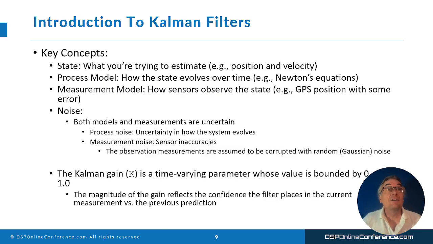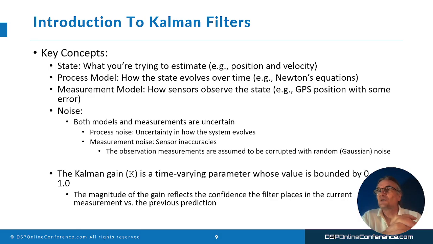So let's go and have a look. Before we do that in detail, let's think about some key concepts. The first key concept is the state. What are we trying to estimate? Position, velocity of our particle, object, etc. The next concept is the process model. How does the state evolve over time?